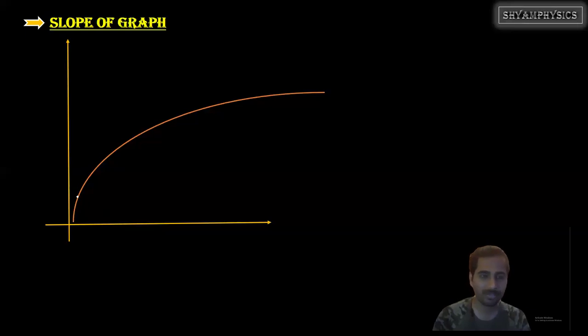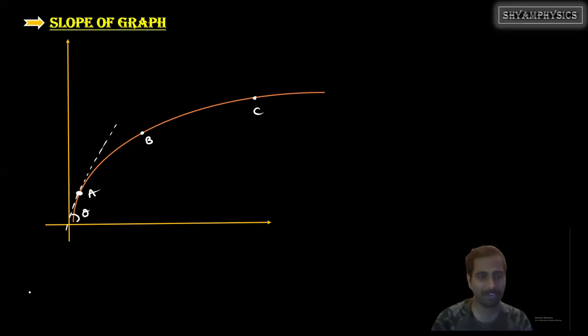Now I'll do one thing. I'll take 2 or 3 points. This is A, this is B, and this is C. Now tell me, at A, what is the slope? If you want to calculate slope, you need to draw one tangent line like this. This is the theta.